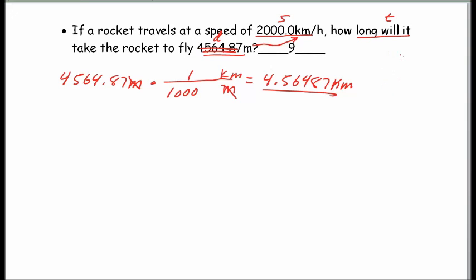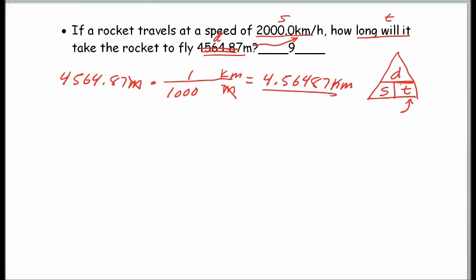So now we can set the problem up, and we're going to have to rearrange this and solve for time, and we're going to go ahead and use that magic triangle to do that. Now you can use some basic algebra, but since I showed you this in the last problem, we'll go ahead and use it. And the equation fits in here like this: speed equals distance divided by time. And we're trying to find the time right there.